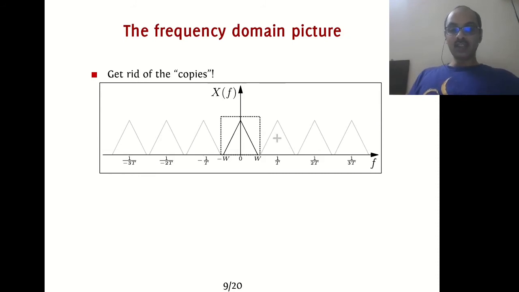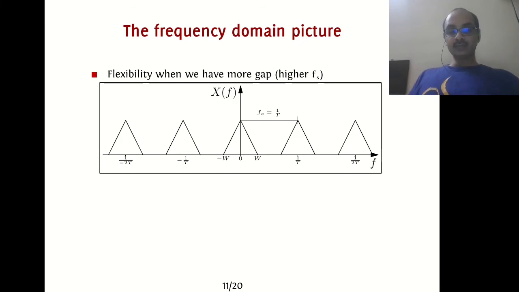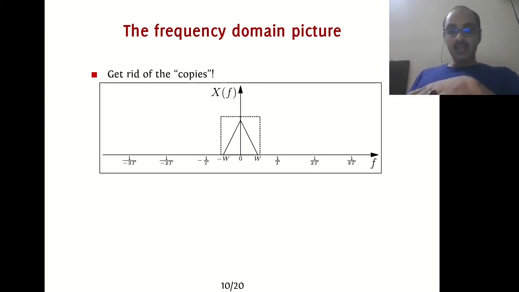By removing those impulses in the frequency domain, you are actually multiplying it by an ideal low pass filter, which means you will end up with only this triangle, which is the original signal that you started with. And I'm sorry, let me go back, and this is what you need to do in the time domain also.